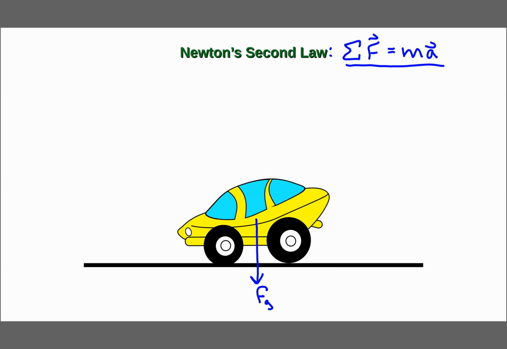But the car's velocity isn't changing when it's just sitting here. And we know that if the velocity isn't changing, there must be no net force on it. That's because the ground is pushing back up on the car. We call this force from the ground the normal force. The normal force always acts perpendicular to a surface.